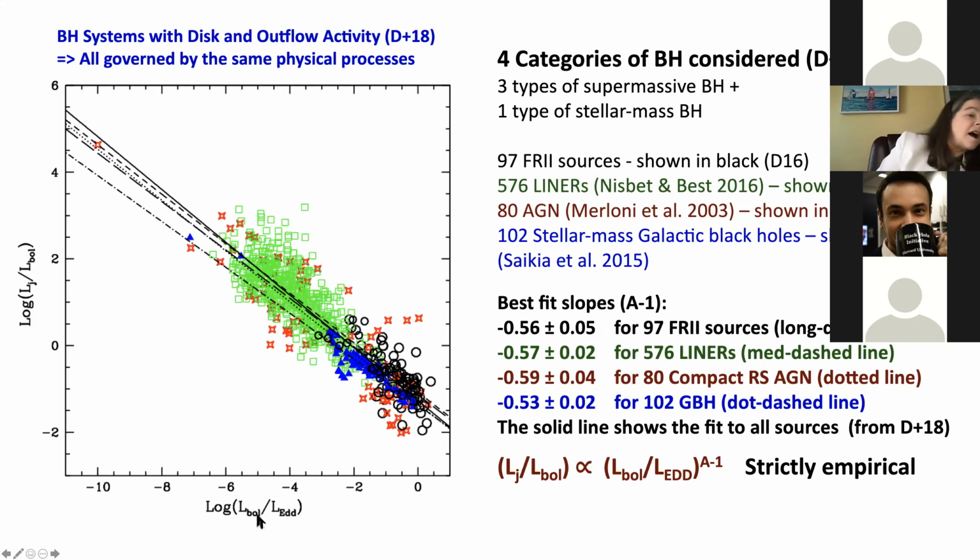And here I have the bolometric luminosity of the disk in Eddington units. So everything on this diagram is empirically determined. So there are no model inputs here in terms of a particular accretion disk model or a detailed model for jet production.